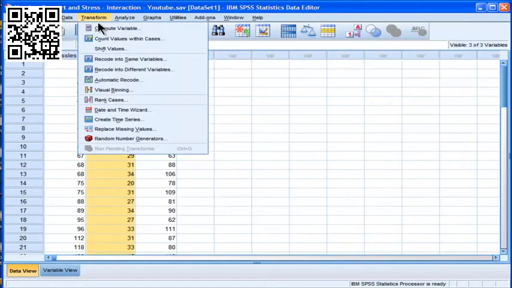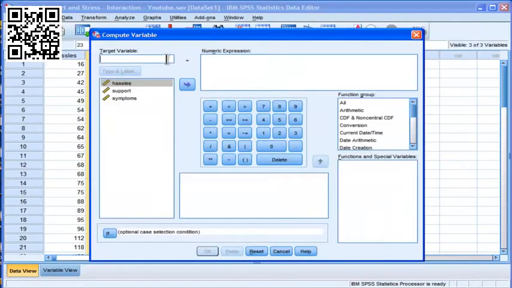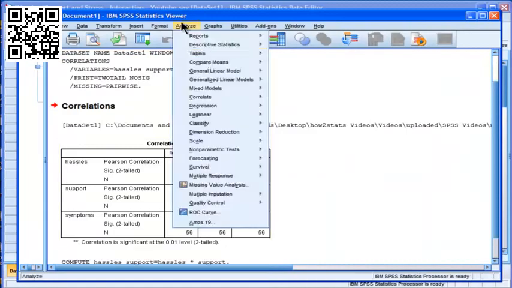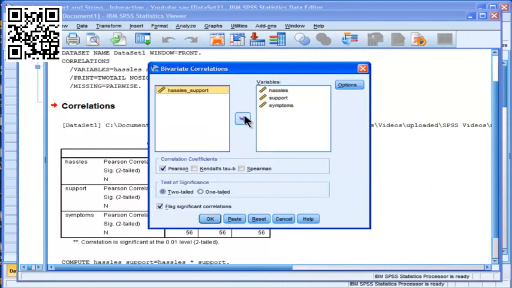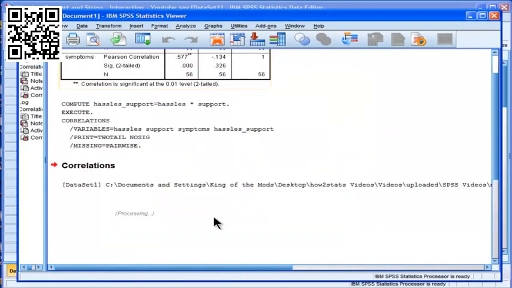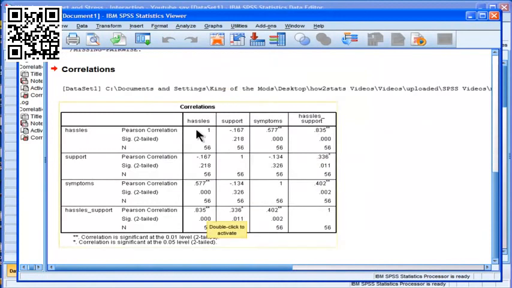So if we transform and compute and create a product term to represent the interaction effect, so literally multiply these together, we will find that when we correlate them with the other variables, we get a big correlation between hassles and the hassles by support product term. So it's 0.835.